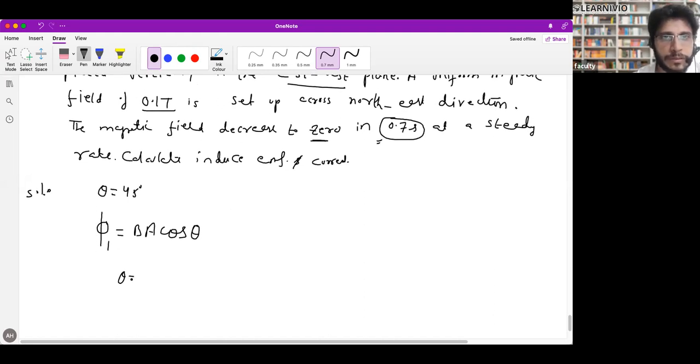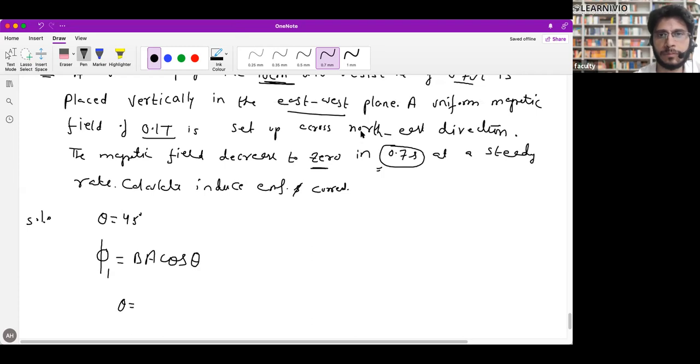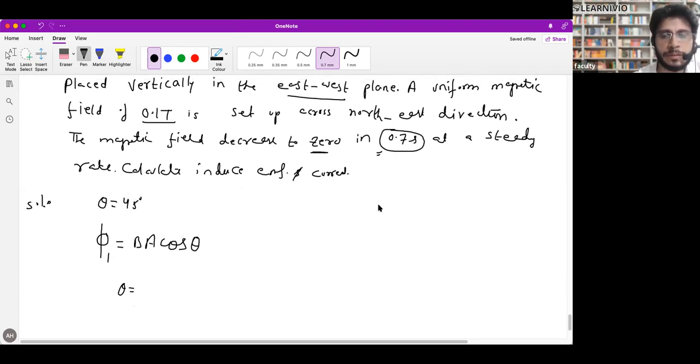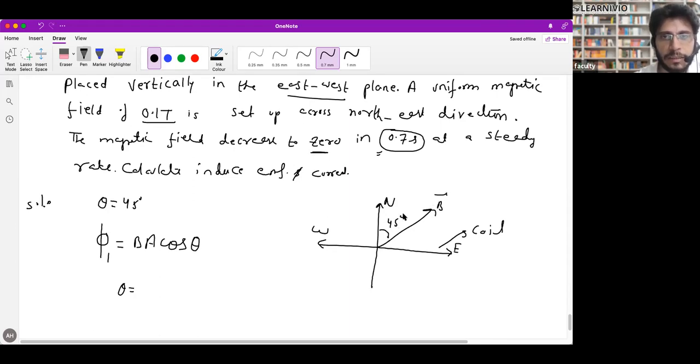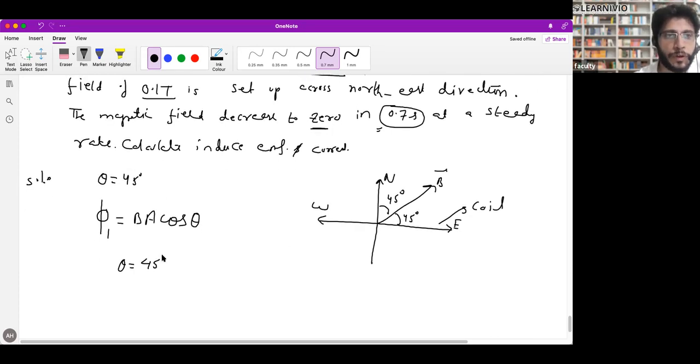So northeast means, see, if this is your coil, this is the plane of your coil, east-west. This is north and this is east. This is the direction of magnetic field. Northeast means it's bisecting. This angle is 45 degree and this angle is 45 degree. So theta is 45 degree.